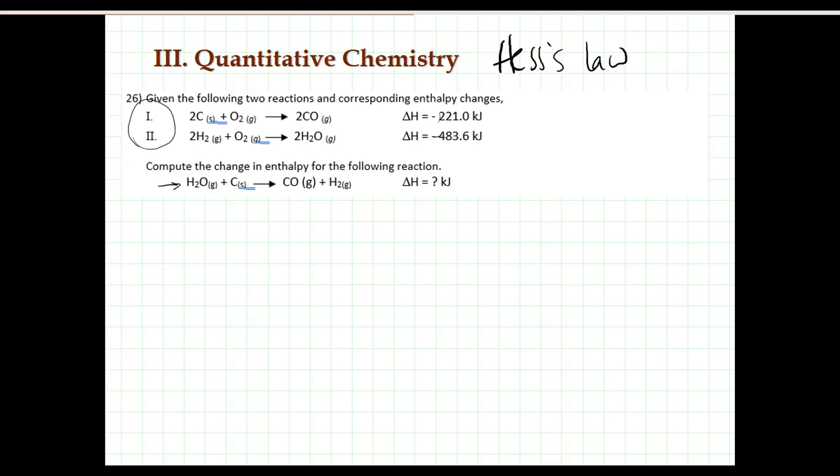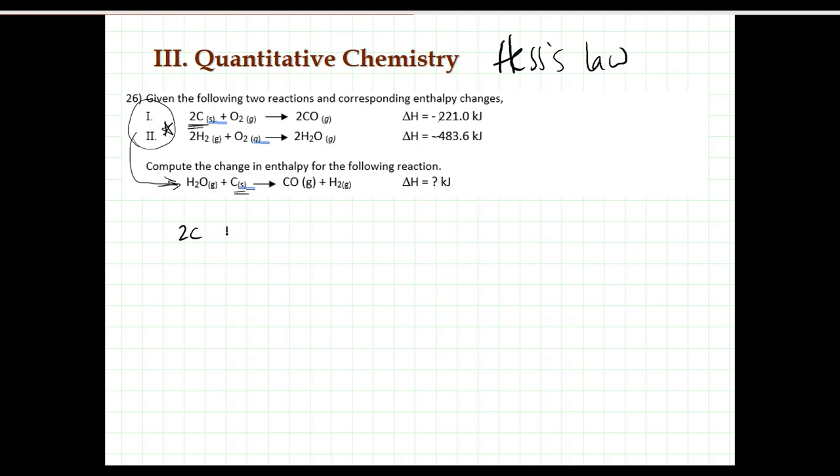But what we can do is some amazing algebra. We're going to basically solve a system of equations, given these two that we know, to solve for this one instead. So here's how it's going to work. We're going to rearrange those to make it look like that. I see here 2 carbons, and here I only see 1 carbon. 2, 1. Close, but not the same. So what I'm going to do is take this first equation and chop it in half so that my 2 carbons goes down to 1 carbon.